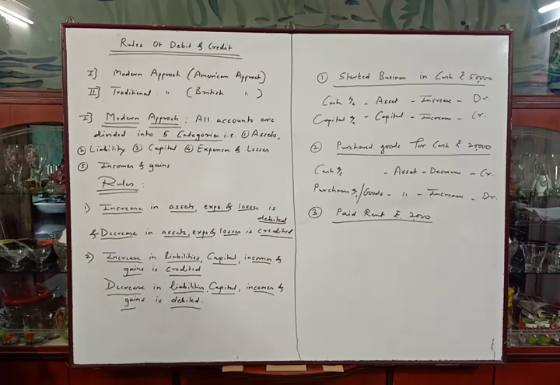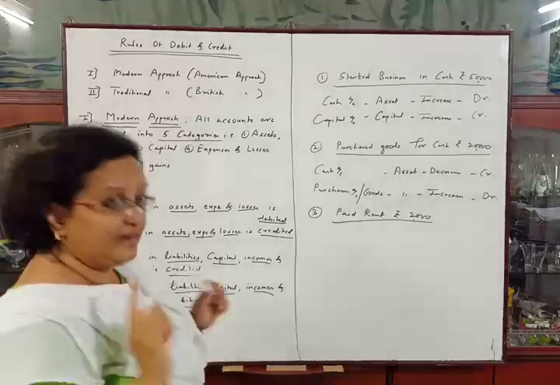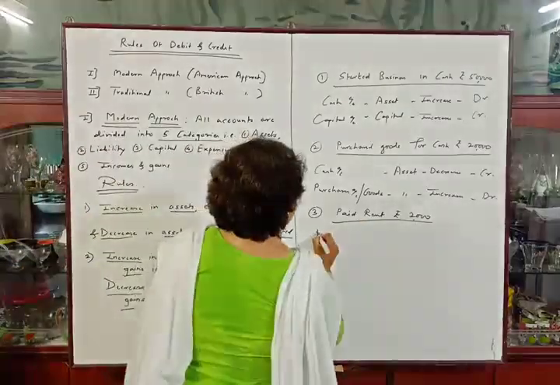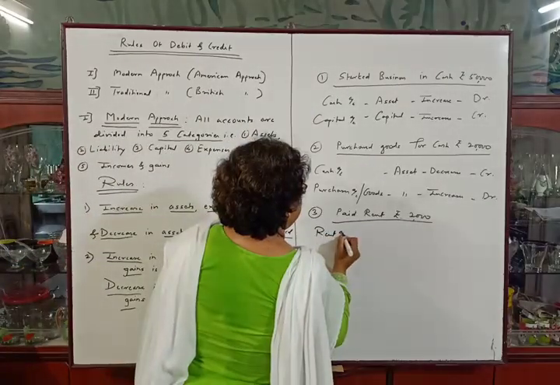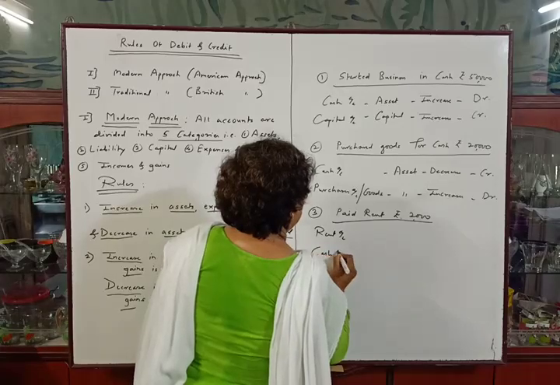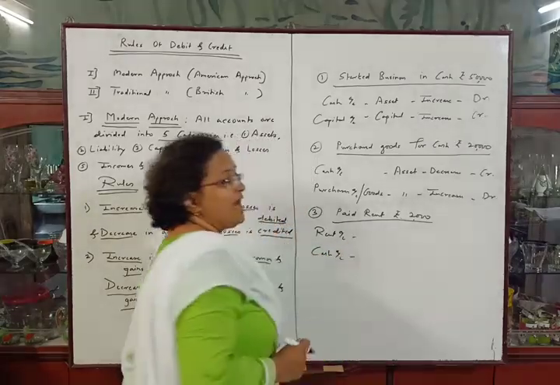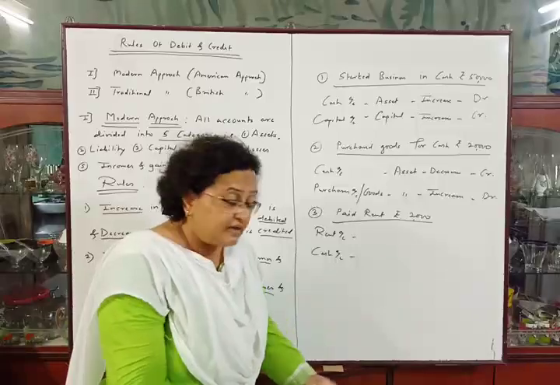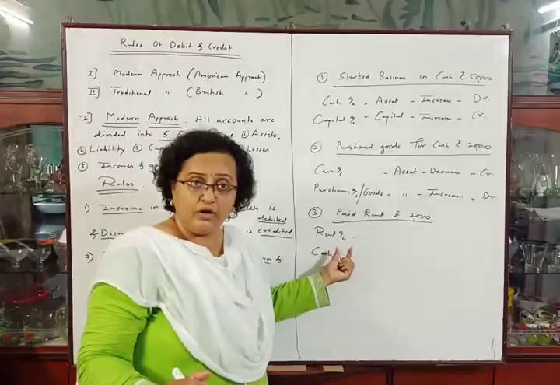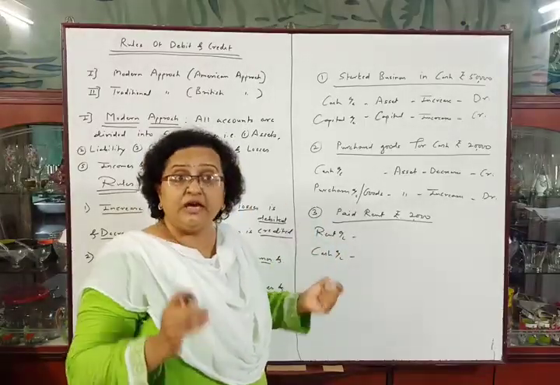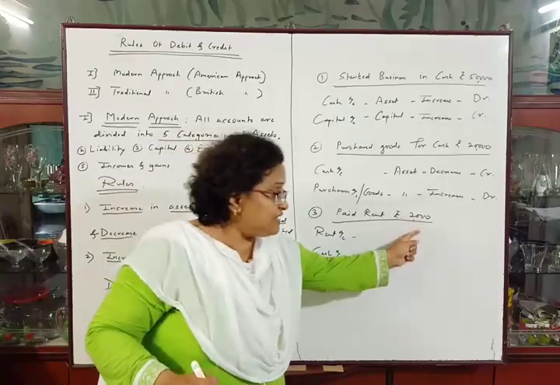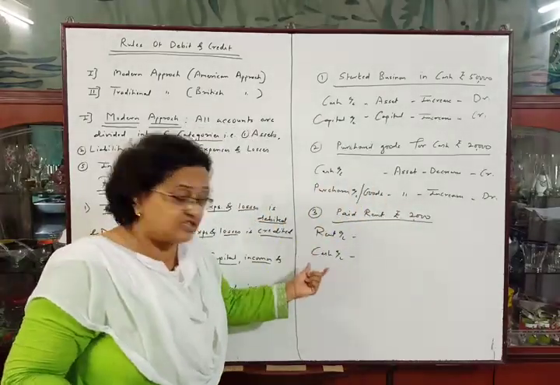Which are those accounts? First is rent account and second is cash account. As when we are paying rent, one account will be rent account, and paying rent means we are actually paying cash, so the second account will be cash account.